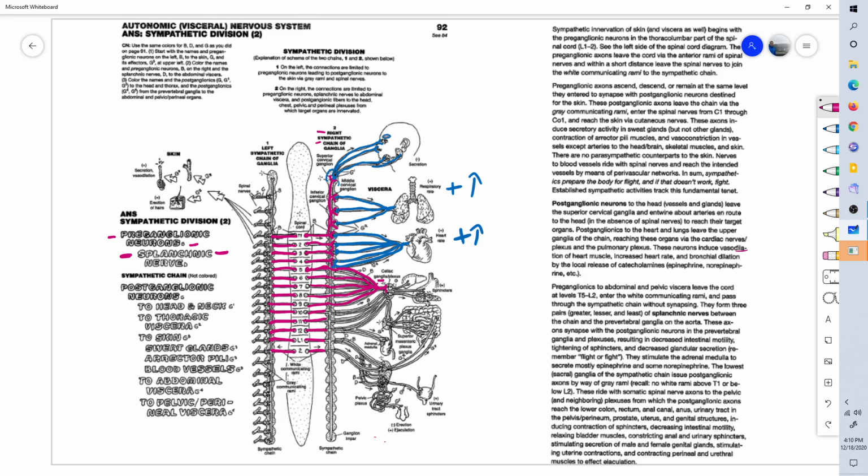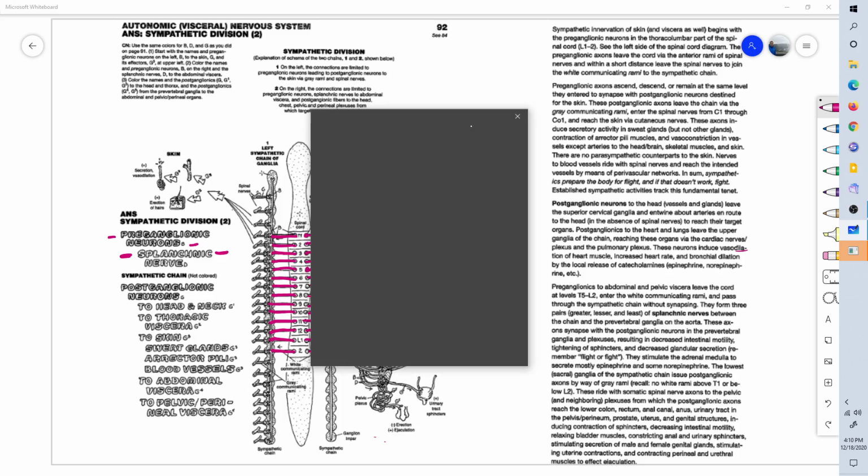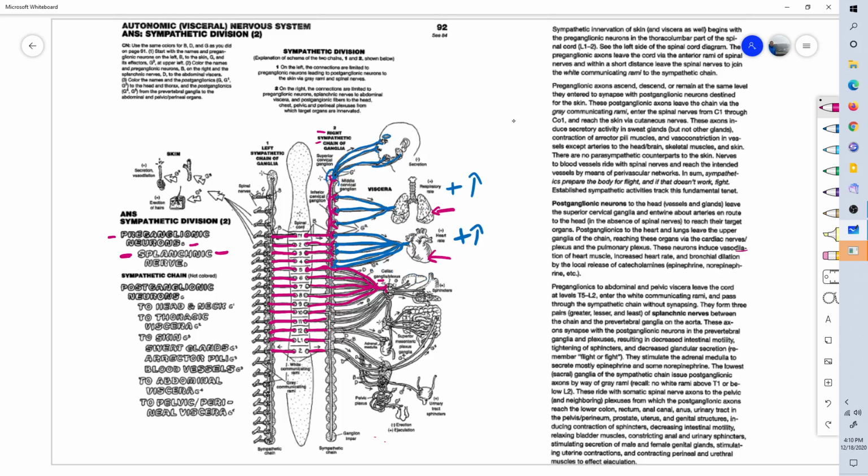Contrast that to above in the thoracic area, to the chest, to the lungs and to the heart, where the preganglionic neurons synapse with the postganglionic neurons in the sympathetic chain here, in the ganglia, superior, middle, and inferior cervical ganglia, part of the sympathetic chain.